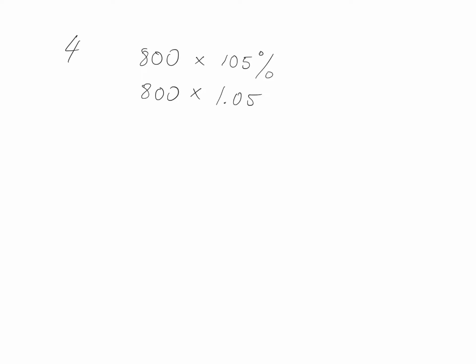And if you do that on a calculator, you will get 840. So the answer is B. Those numbers are actually simple enough that you don't need to use a calculator to do it. You can actually just take 5% of 800. 1% is 8, 5% is 40, and add it to the original amount to get 840.